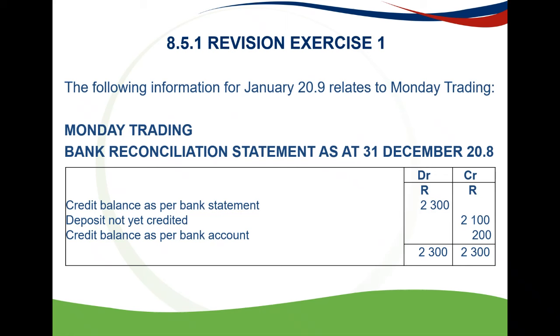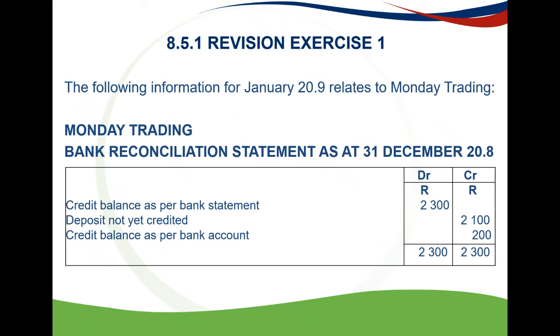So that means that there was a deposit that was already recorded in our cash receipts journal for December, but that did not reflect on the bank statement for December. And we said deposits reflect on the credit side of the bank statement. So therefore, on the bank reconciliation statement, we must bring it in on the credit side.